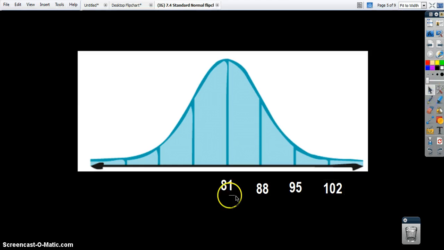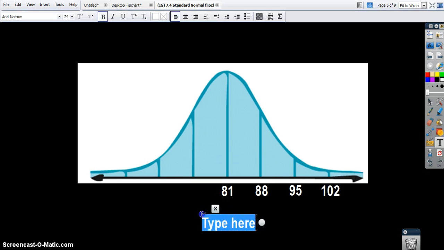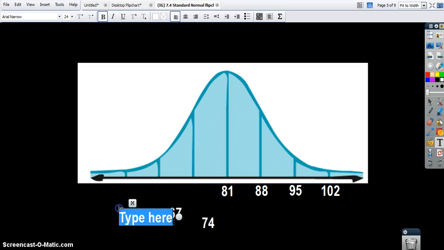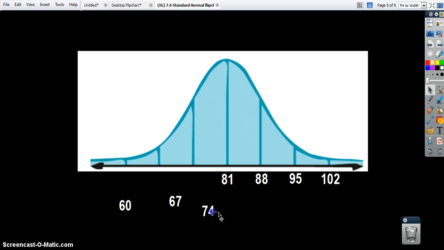So going to the right, here's the mean, and then I add 7, add 7, add 7, because that's the standard deviation. Going to the left, I'm going to subtract 7. So 74 and 67 and 60 are what these vertical lines correspond to.